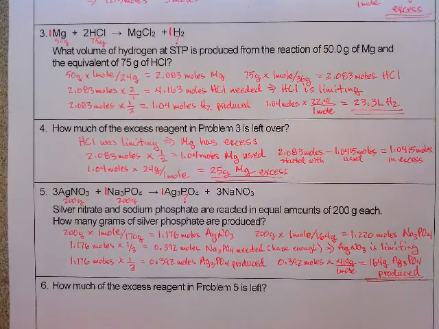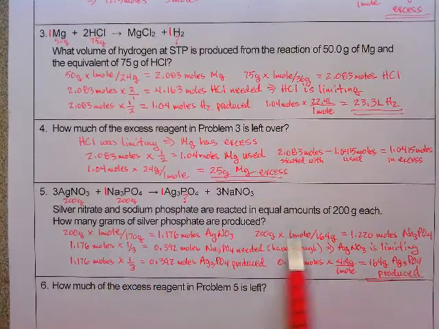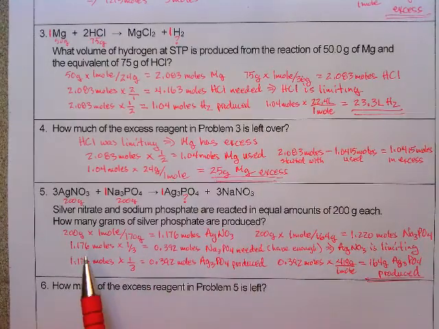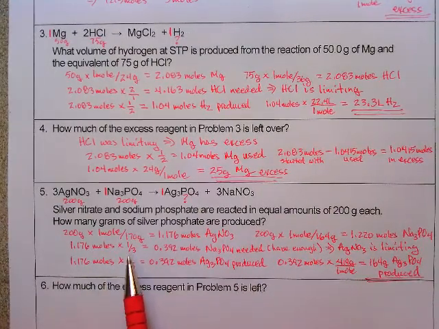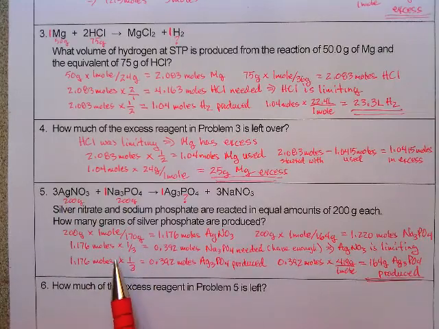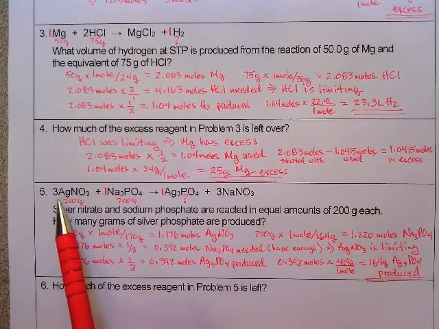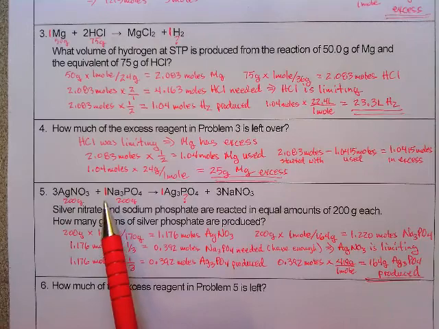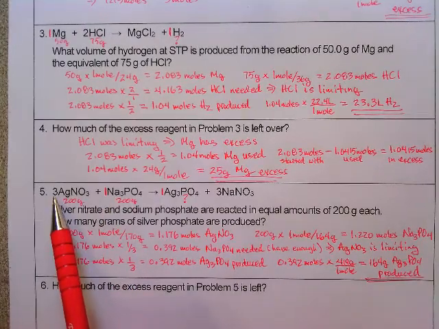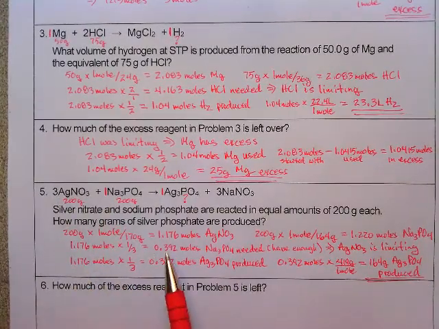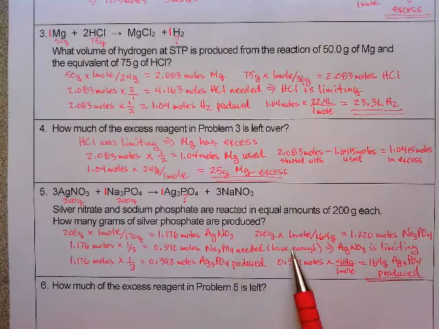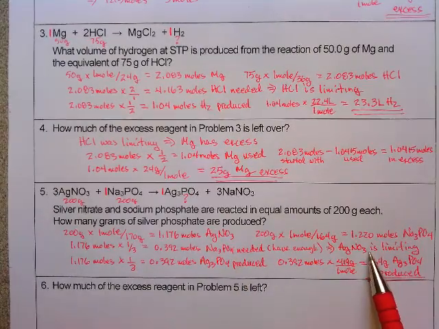So, just to repeat, we went to moles of each one of them. Then we did the mole ratio step, comparing the first one to the second one using the coefficients. The one we want to find out on top, the one we're starting from on the bottom. So that gave me that much is needed. I have enough, therefore the first one is limiting.